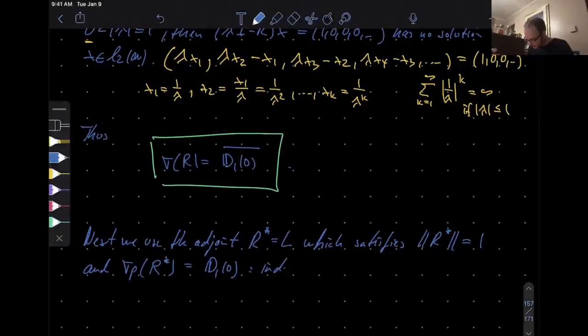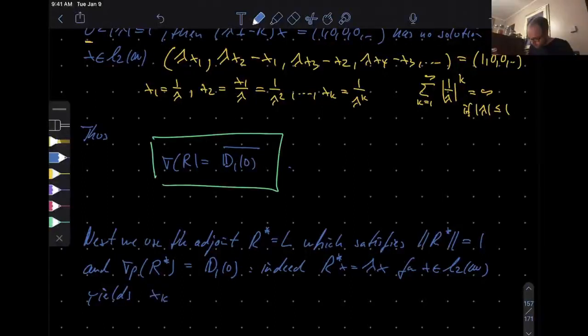Indeed, let's look at the eigenvector equation. So R star x equal to lambda x, okay, for x in L2 yields, okay, so this you have to write out entry-wise, very much like we did it earlier on.